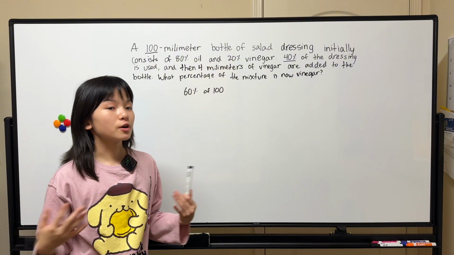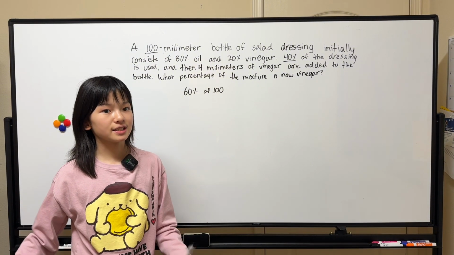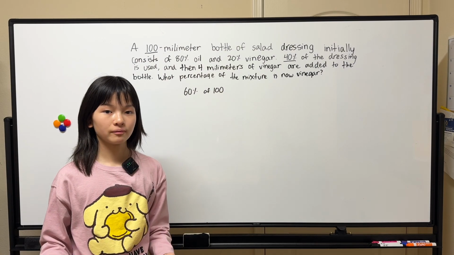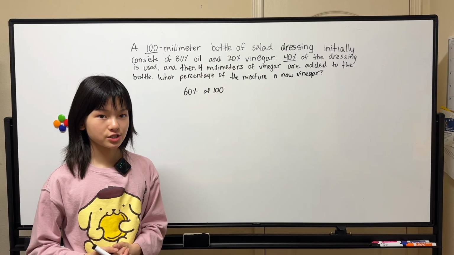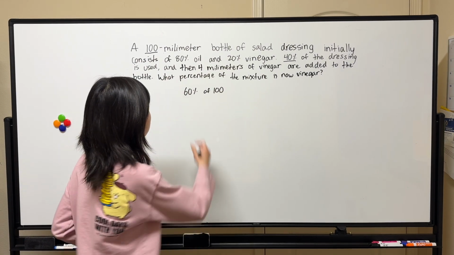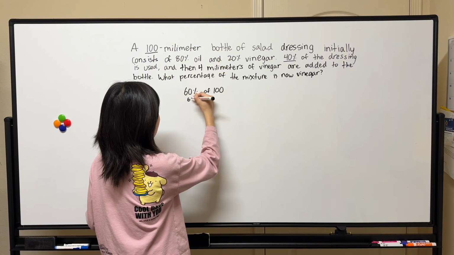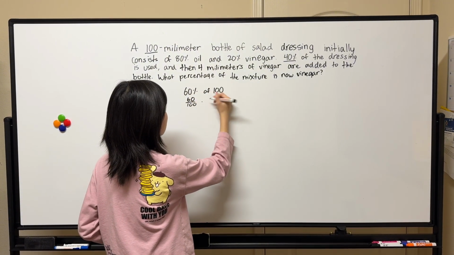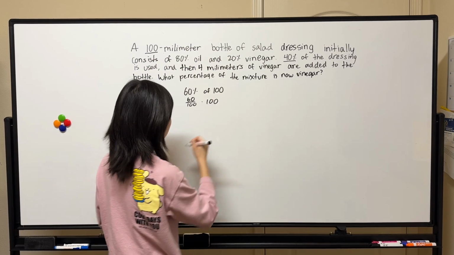Now, many may know that this equals 60. However, if you don't, let's first look at the percentage. It's hard to work with a percentage, so let's change 60% into a fractional form, which is 60 over 100. Of can be times, and 100 doesn't need to be changed.